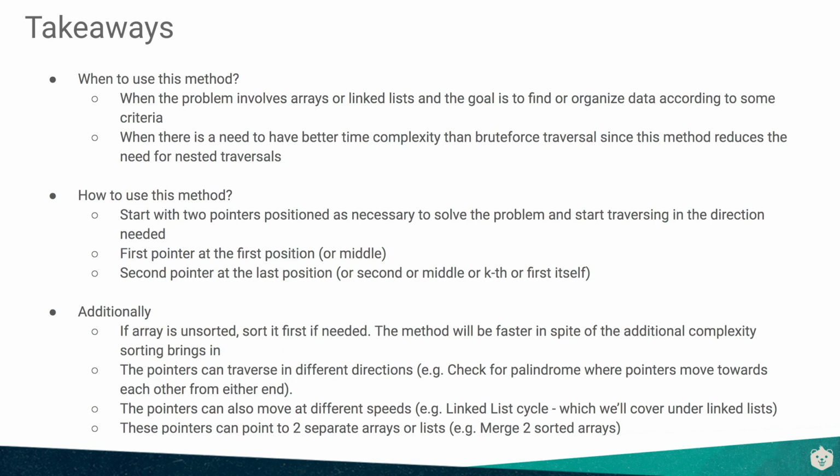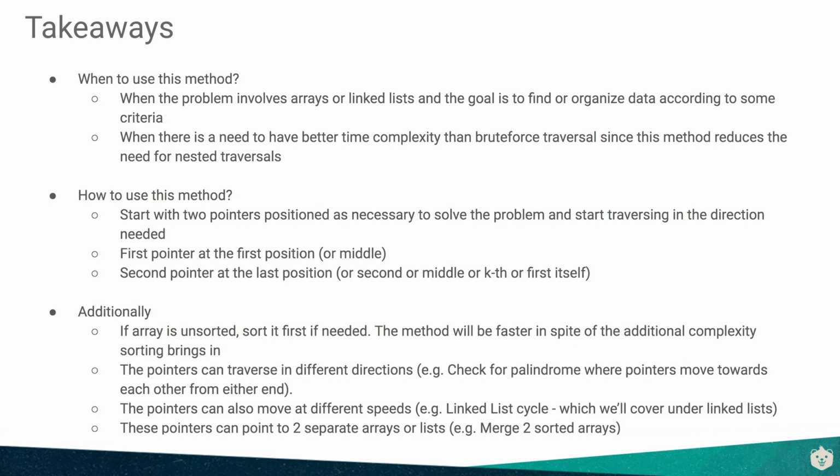How do you use this method? You start off with two pointers. The two pointers can be positioned based on the requirement for that particular problem. The first pointer can start at the beginning or in the middle. The second pointer, in a lot of cases, starts at the same position. In some cases, it starts at the last position. It can also start in the second position or the middle position.